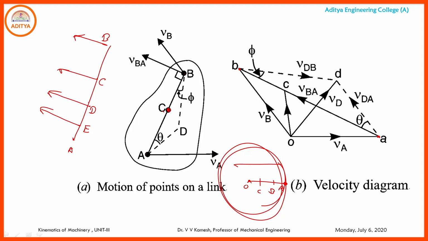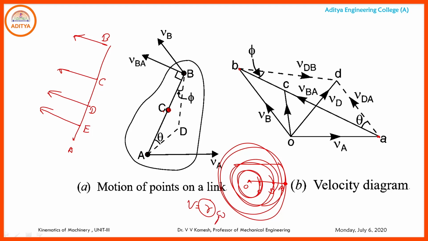But inside we have other points, B and C. So this one has one circle, and this one has another circle. Each circle has a certain link length that is applied in the equation V equals R omega.